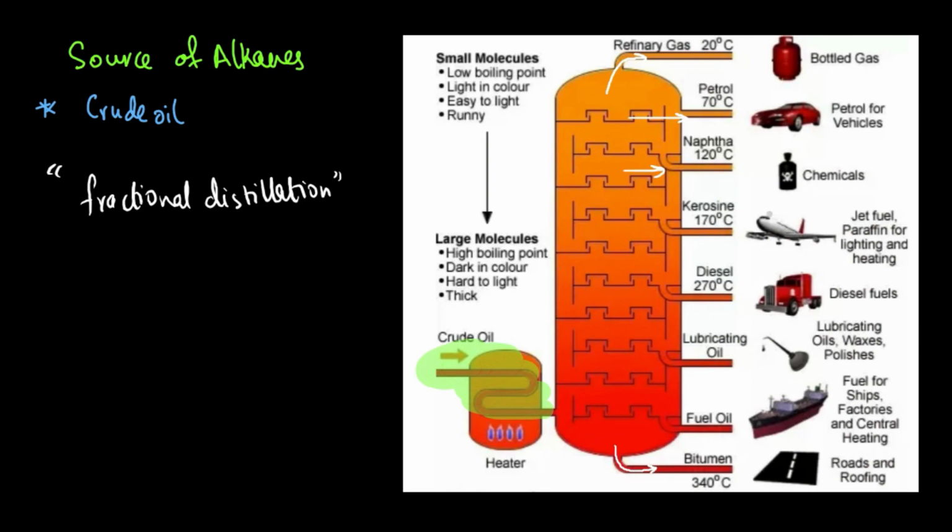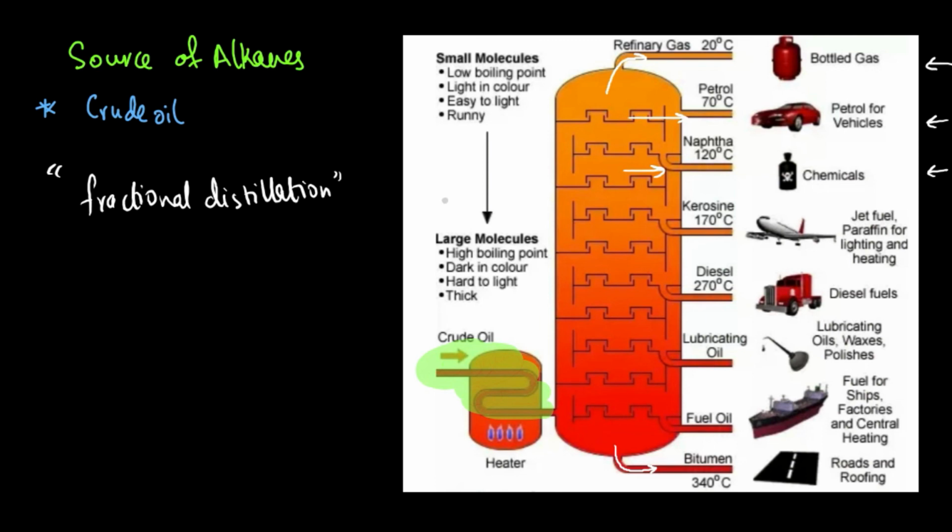And along at the side you can see all these uses mentioned for these fractions of crude oil, that refinery gas is used for bottled gas, and petrol is used for vehicles, naphtha is used for chemicals, and lastly going on to bitumen, which is used for roads, roofing, and it is also used to make tar, which is used for roads, right?